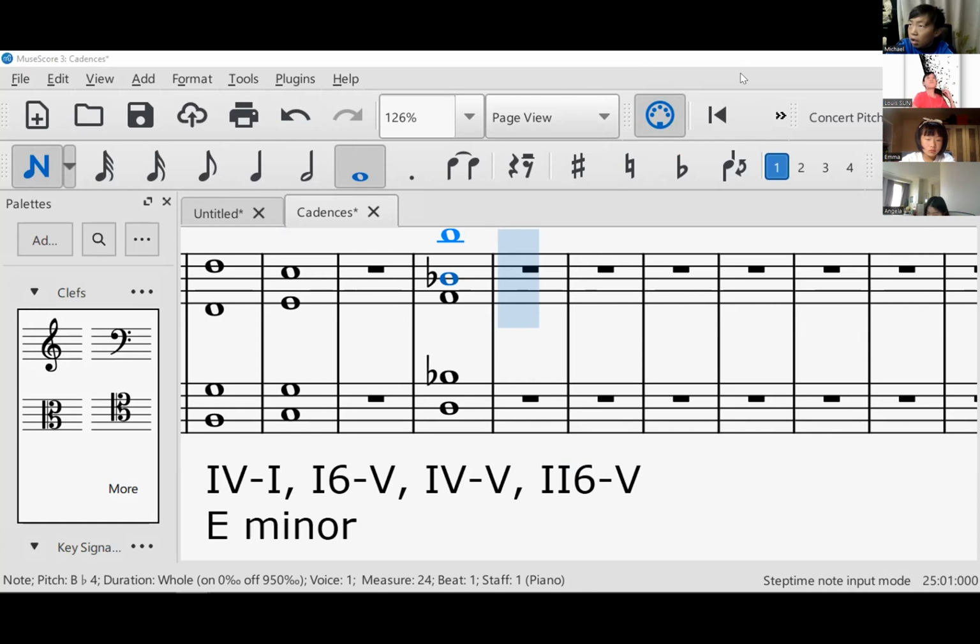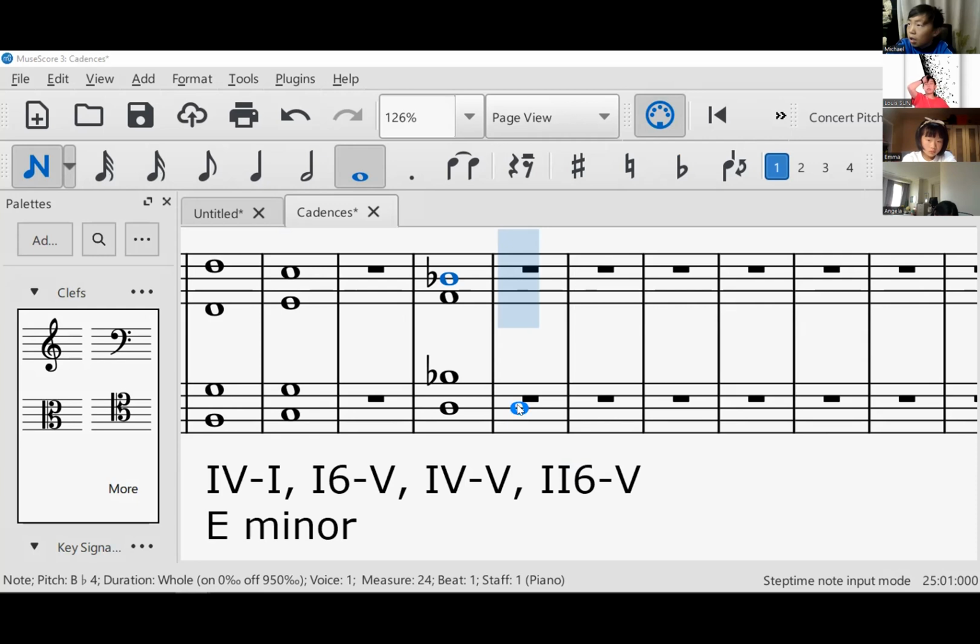Might as well draw a table. So, let's see. I'll do it later.